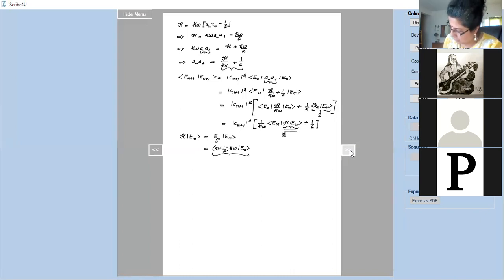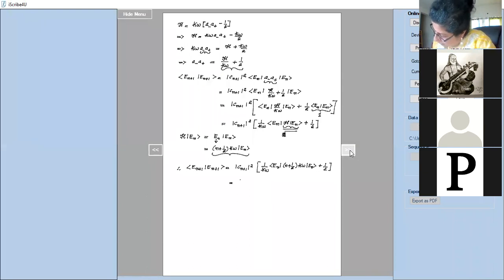Okay, so therefore your <En+1|En+1> is equal to mod Cn+1 the whole squared into 1 upon h cross omega, and then we have over here (n plus half) h cross omega <En|En> plus half, right?